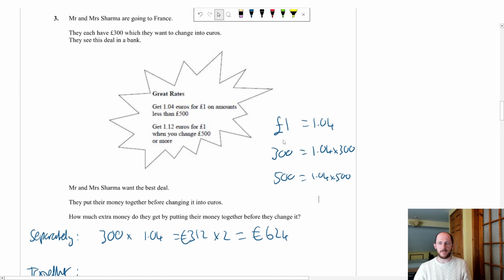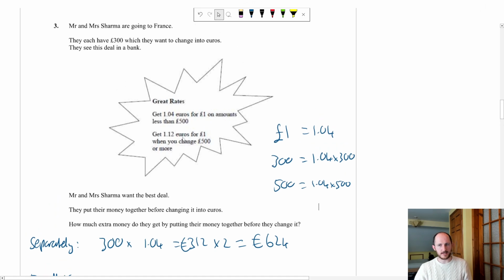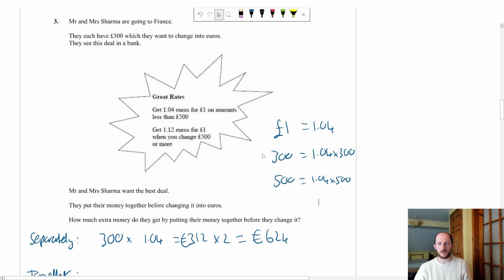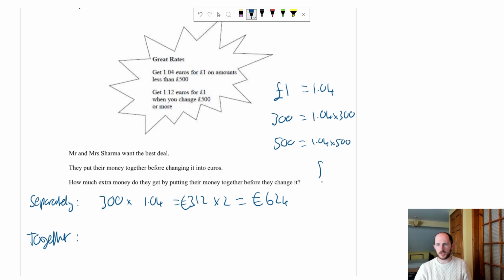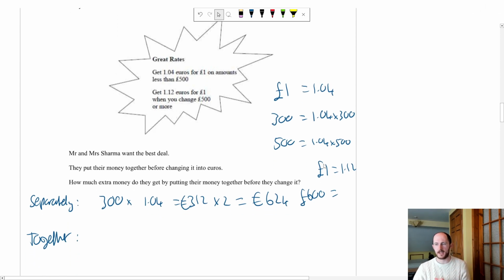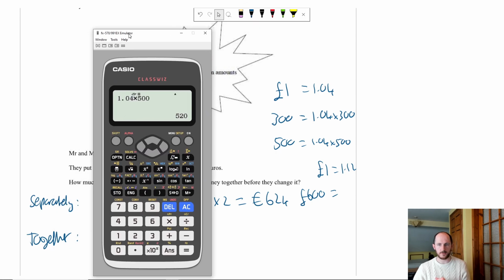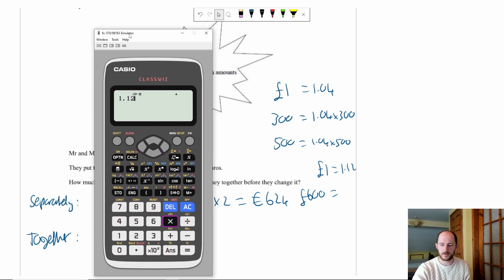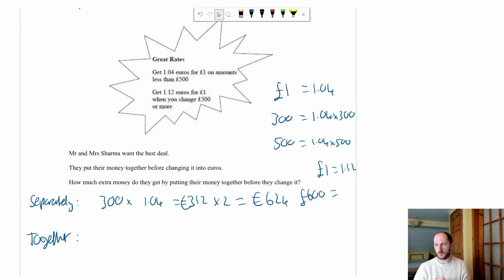So when they do it together, the wording is a bit misleading, but when you change 600 or more, you're going to get 1.12 euros for every pound. So now our exchange rate is £1 equals 1.12. So if we're going to do 600, because again, there are £600 in total, right? We've got 300 for Mr. and 300 for Mrs. We're going to get 1.12 times 600, which gives us 672 euros.